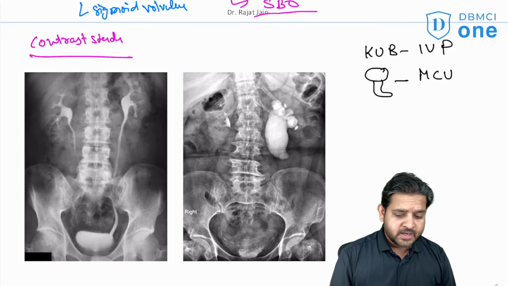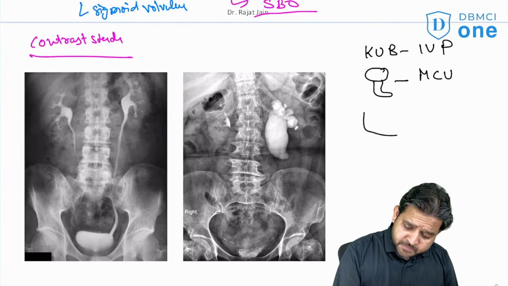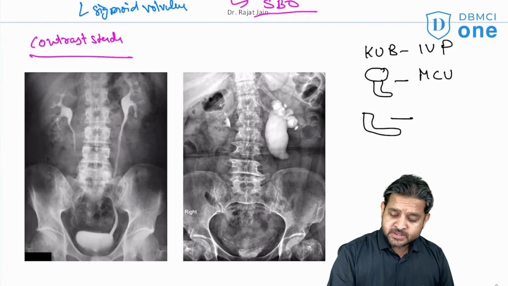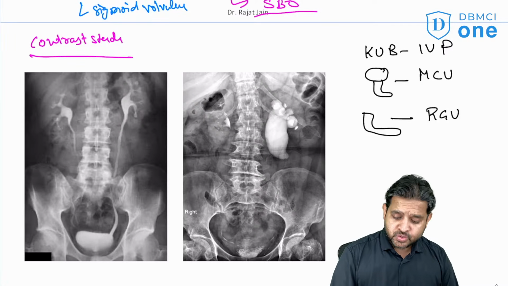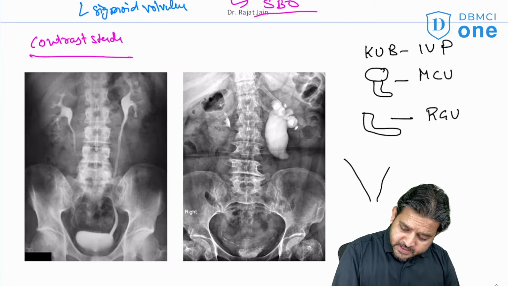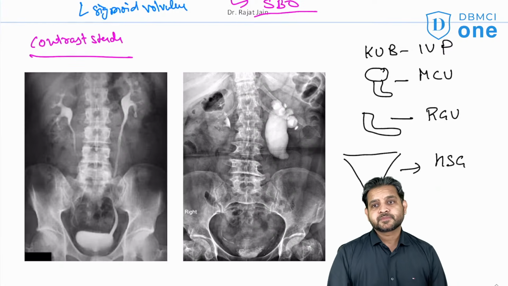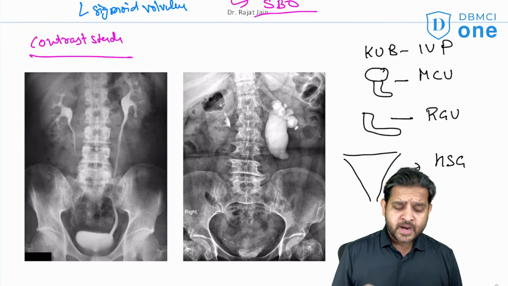If it is present only in urethra, then the name of the investigation is RGU. And if it is present in uterus, then it is HSG. So IVP, MCU, RGU and HSG, right?